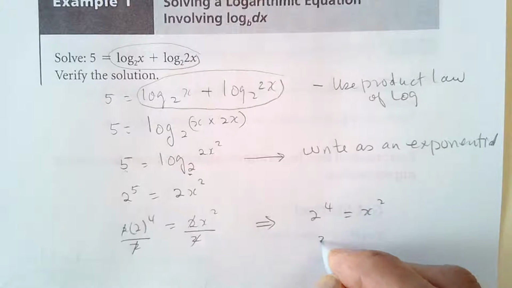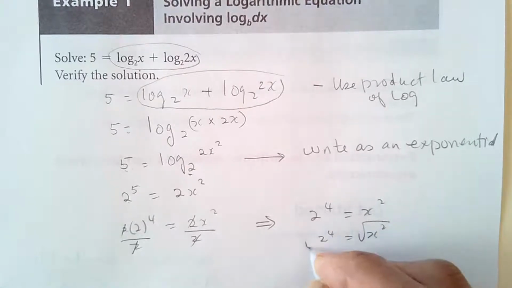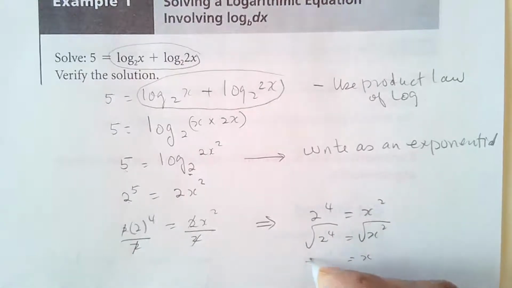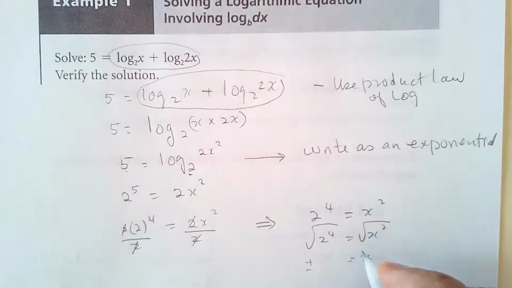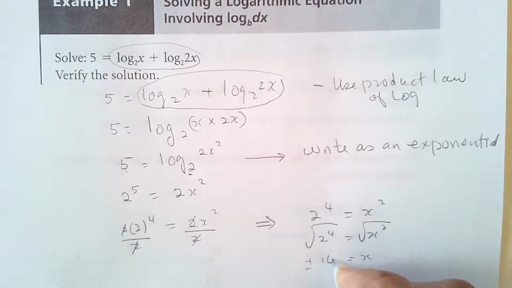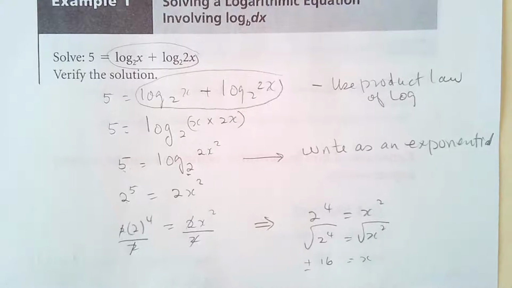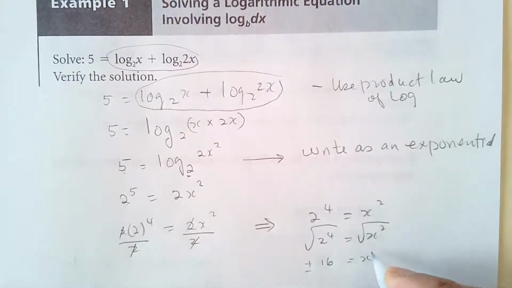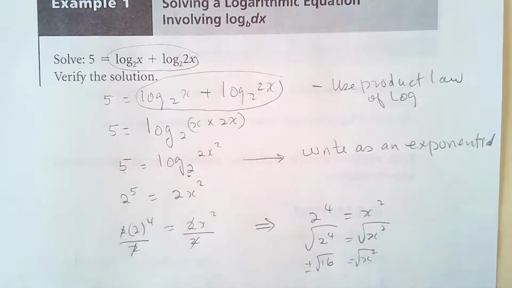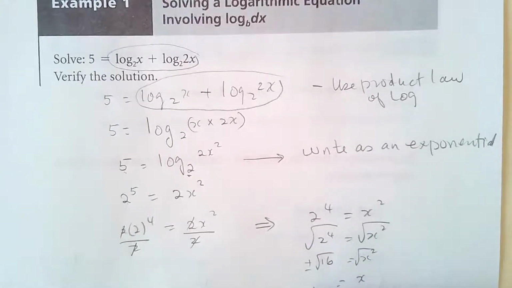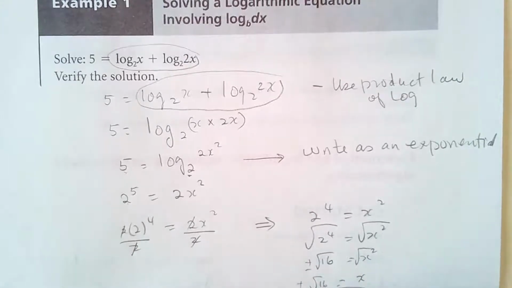So x is equal to plus or minus the square root of 16, which is equal to plus or minus 4. So x is equal to plus or minus 4.